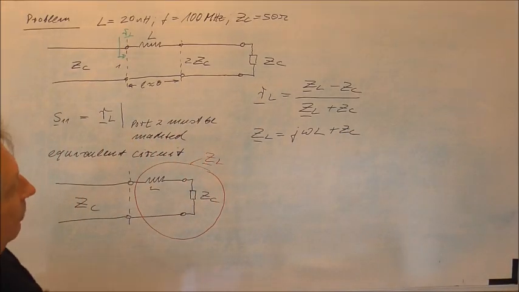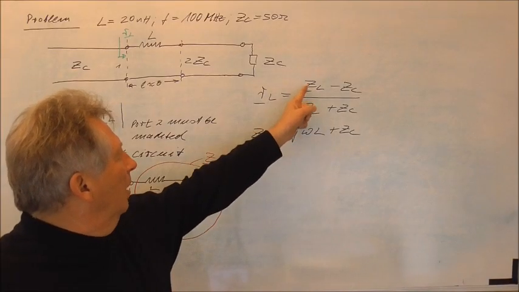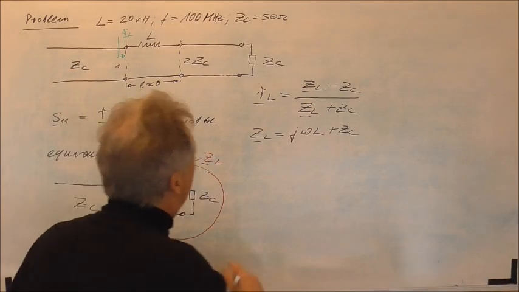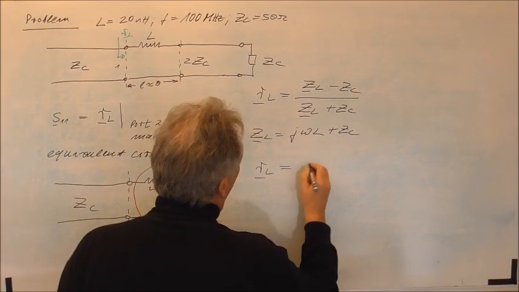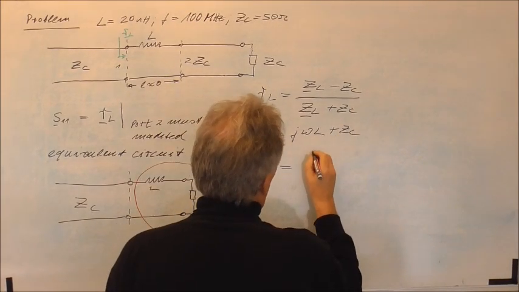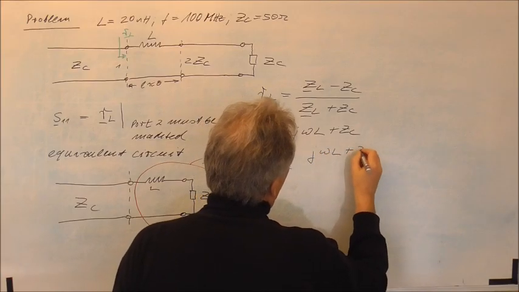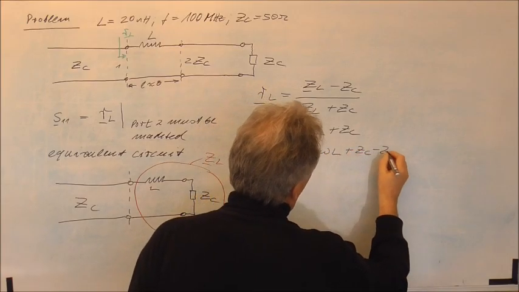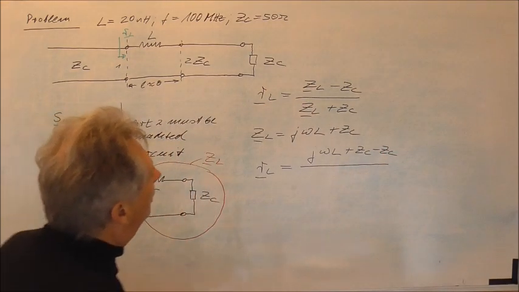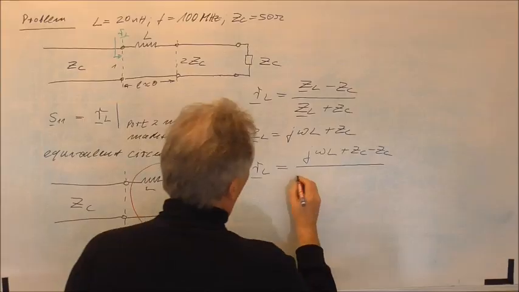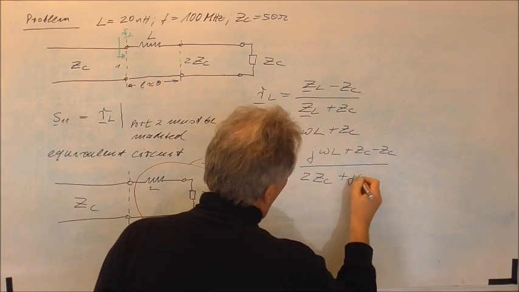And of course you have to insert this equation now here for the load impedance, and we will have then RL is equal to, I write it like this, J omega L plus ZC minus ZC divided by, and of course you see here we will have 2 ZC plus J omega L.